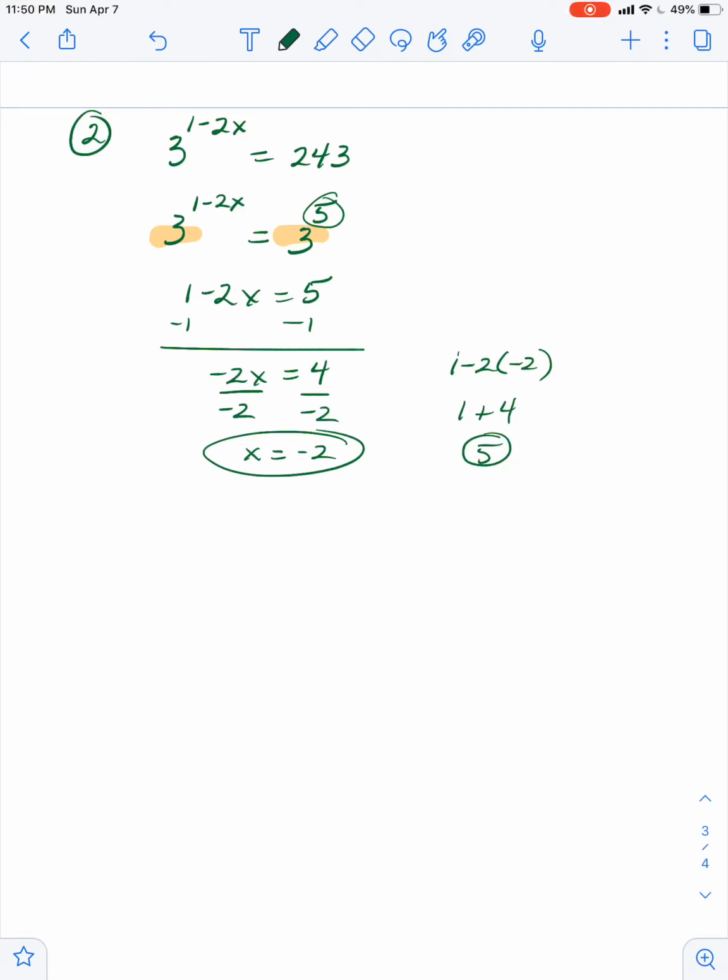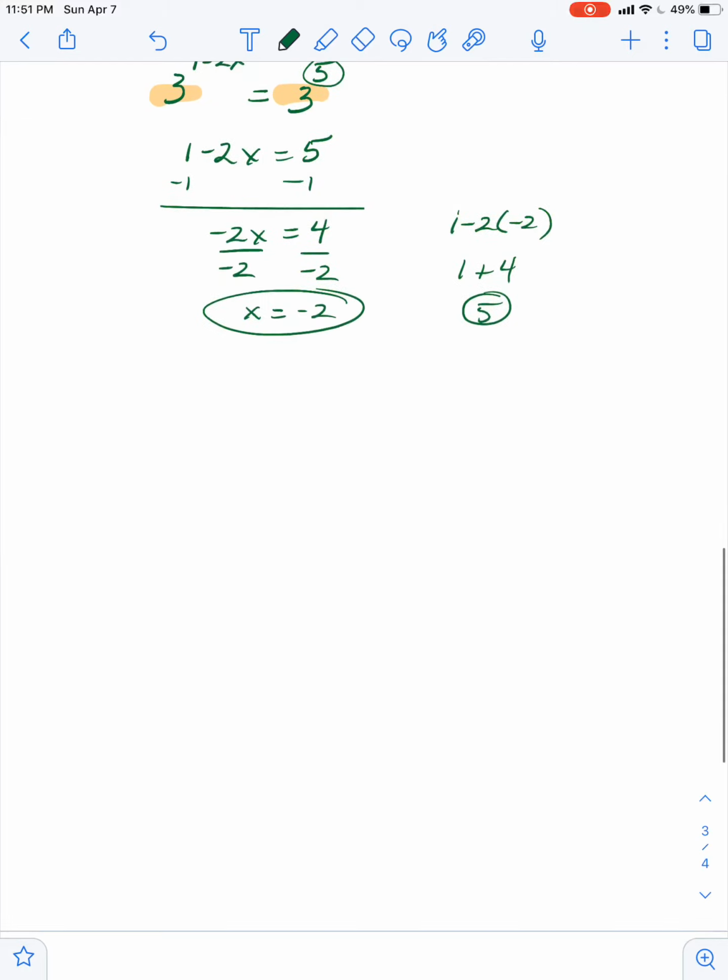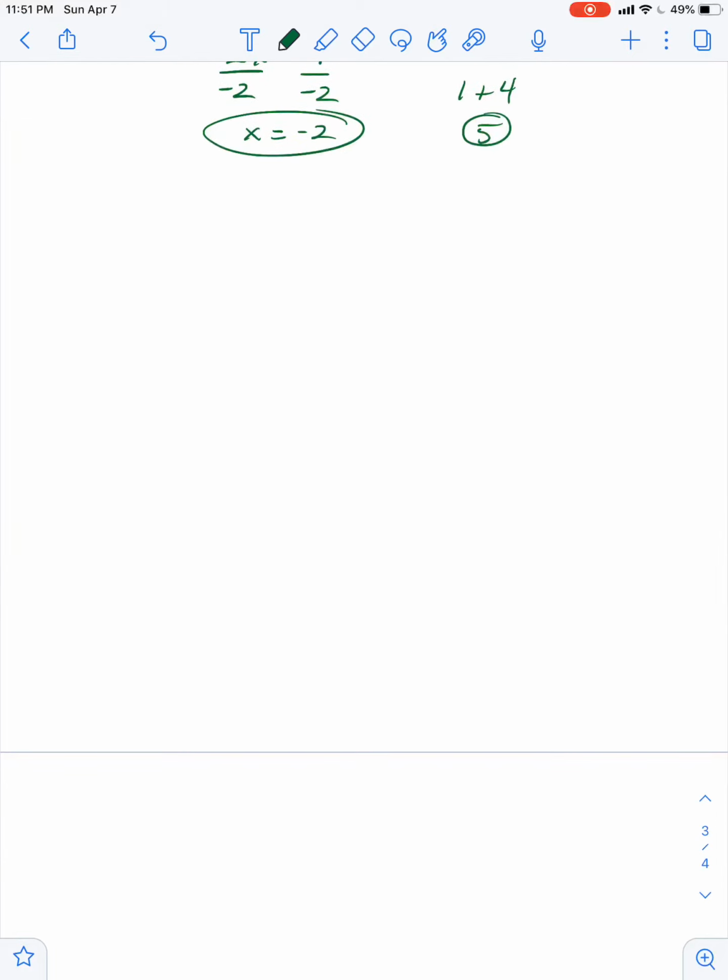Let's see. I think that was actually number 3, not number 5. Yes, that was number 3. Number 5 is very similar to number 1. If you want to, put a note out to the side: look at number 1.